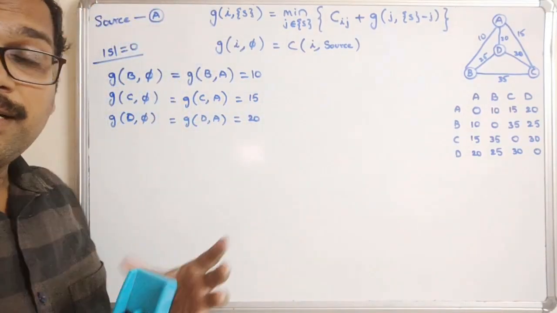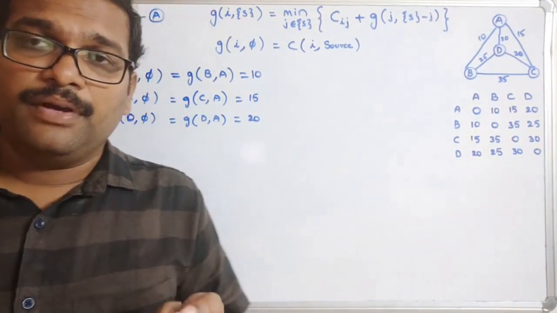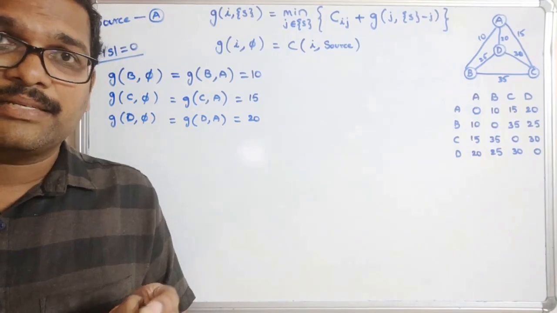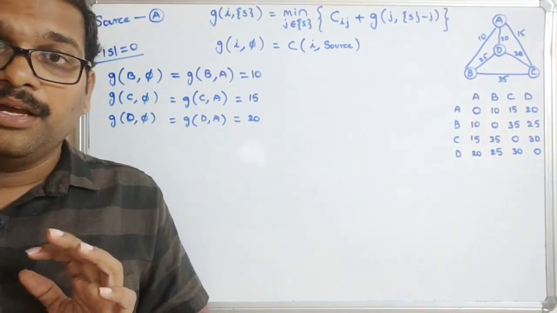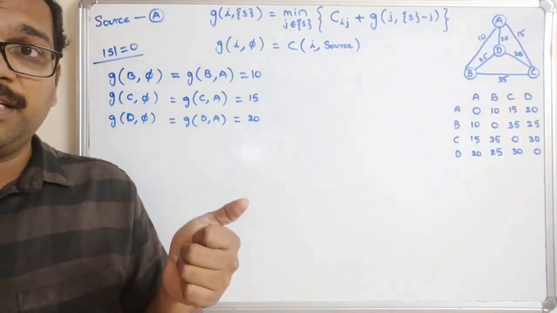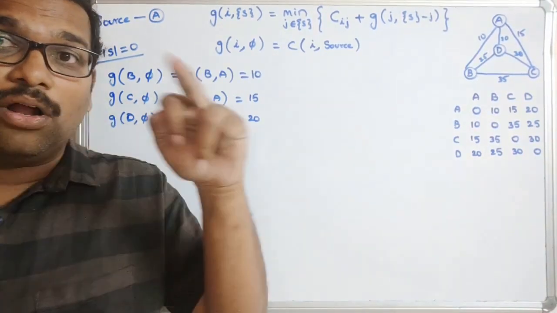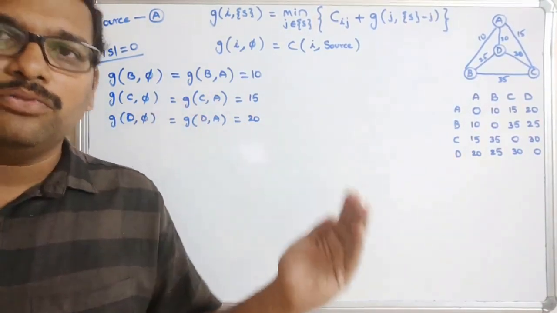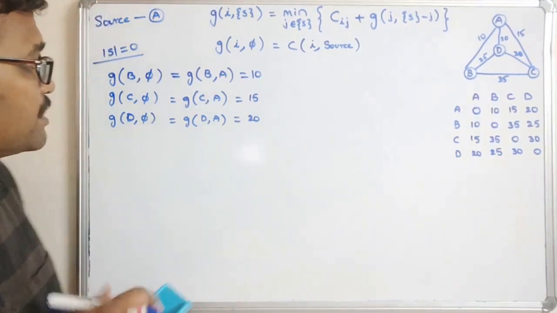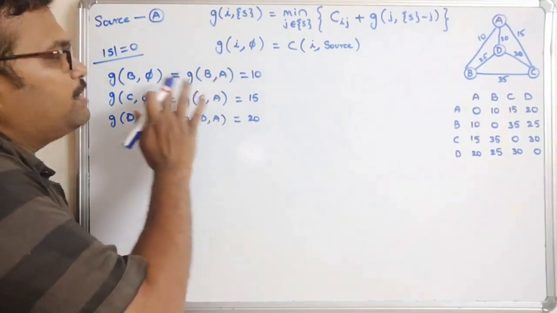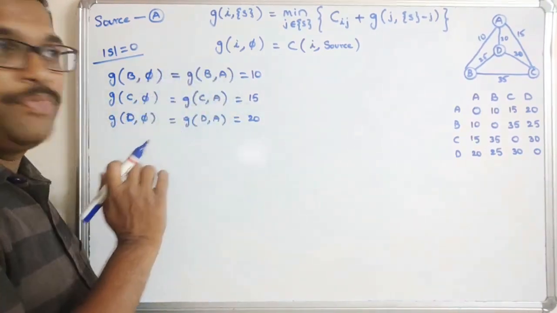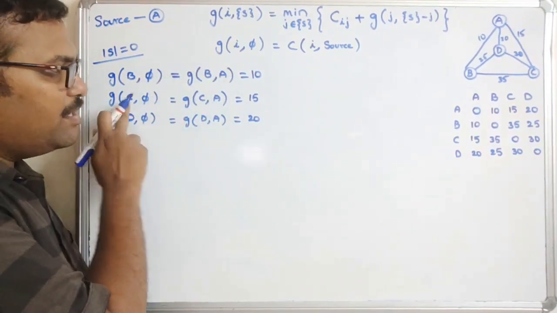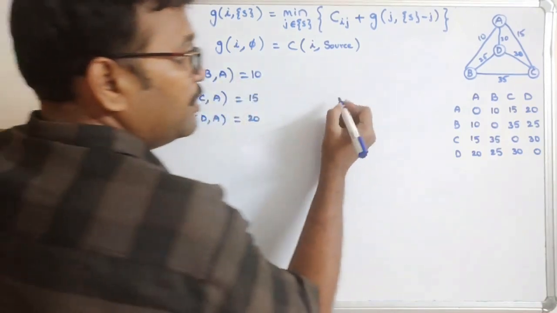So which means if the last vertex is B, obviously our statement says that we have to visit all the vertices and come back to the source. So that's what happens. So if the last vertex is B, then what is the edge from B to the source?